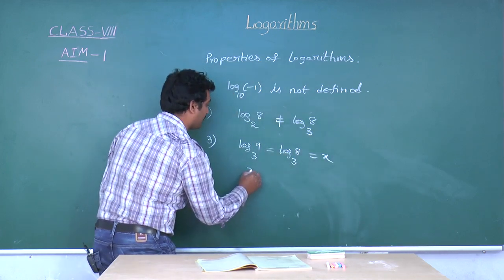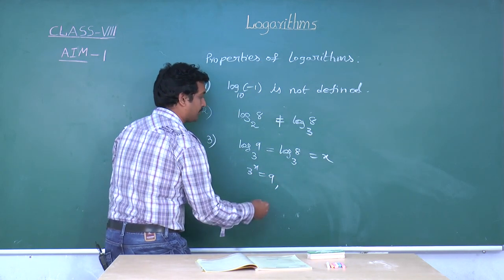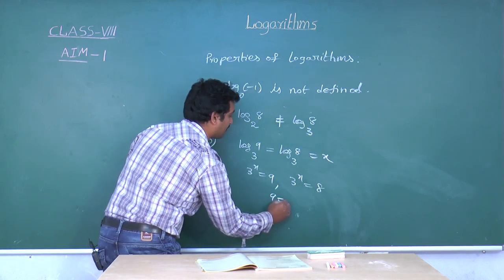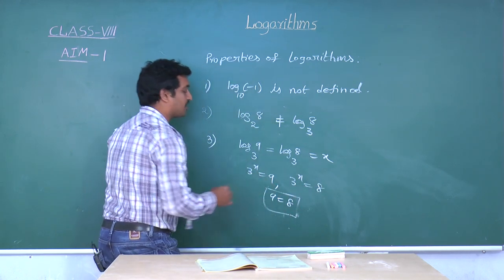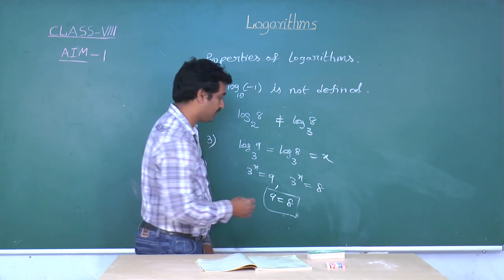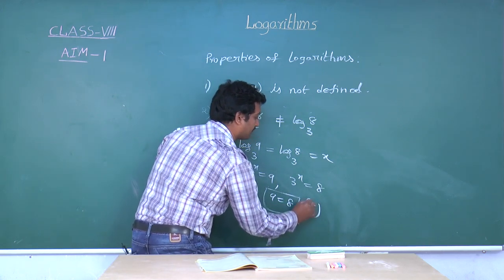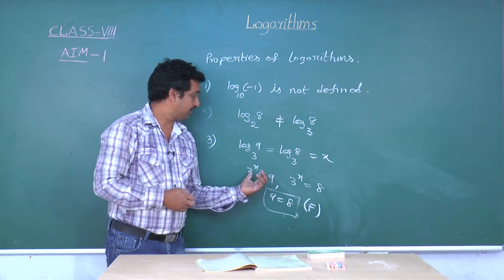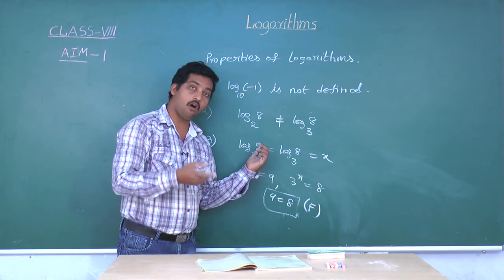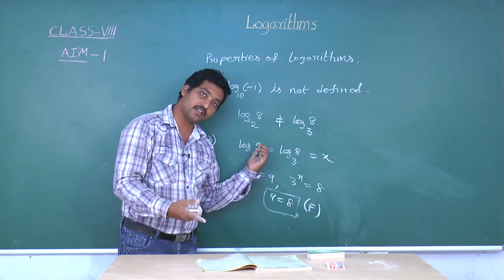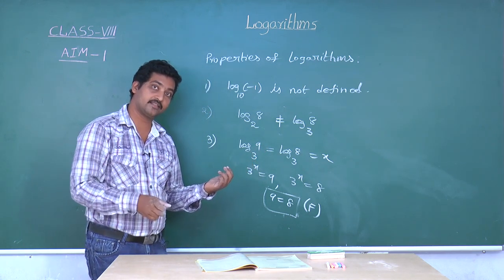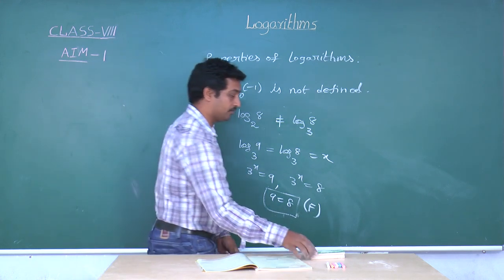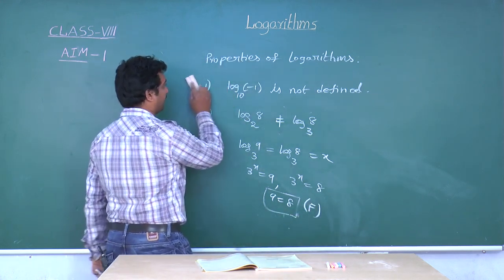Then what do you get? 3 power x is equal to 9 and 3 power x is equal to 8. That means 9 is equal to 8. Is it possible, children? This is false. That's why logarithms of different numbers with the same base are not equal. Now come to the fourth property.